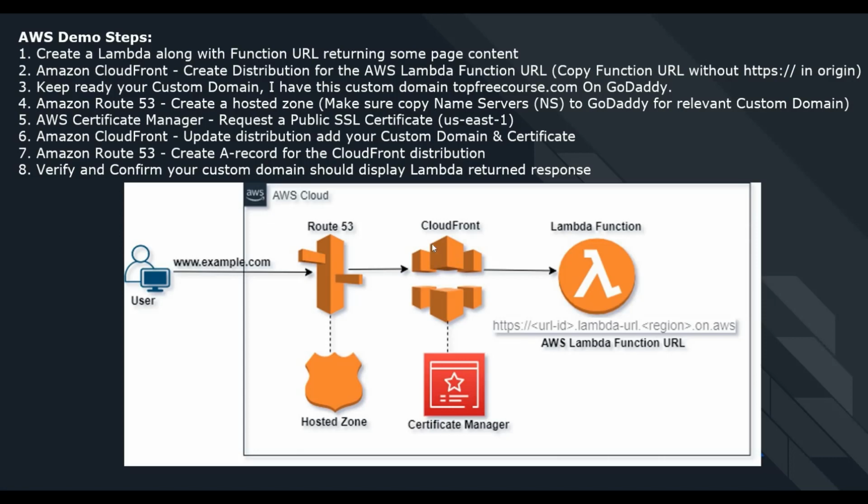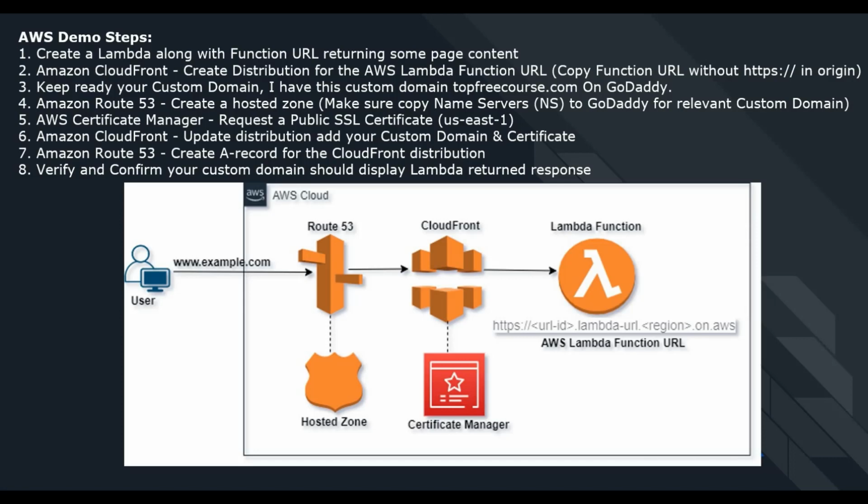Whatever the CloudFront distribution domain is, we will map it with our real custom domain by using a Route 53 alias record. And Certificate Manager we will map with CloudFront for HTTPS content delivery. So this is the overall architecture I am going to fully demonstrate in this particular session.